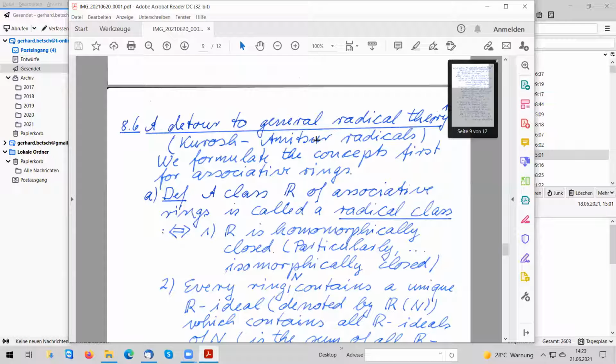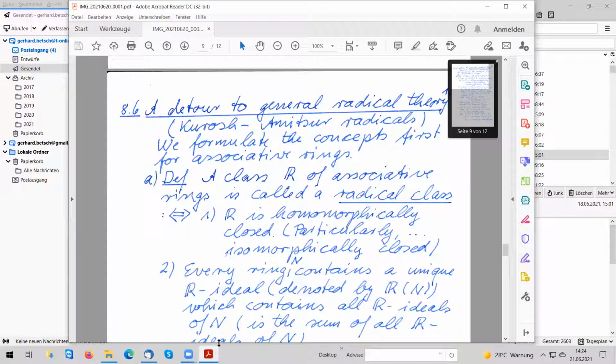I should point out we should talk about classes, because we cannot talk about sets; the whole affair would be too big. So R is homomorphically closed, and in particular, it is isomorphically closed.